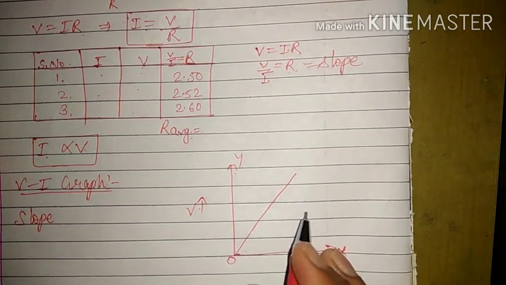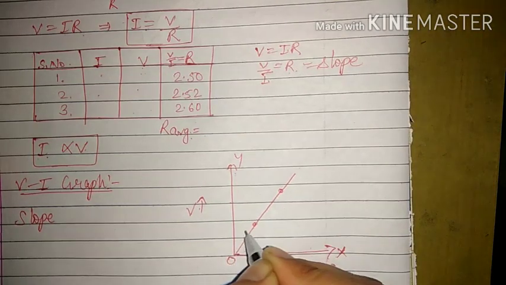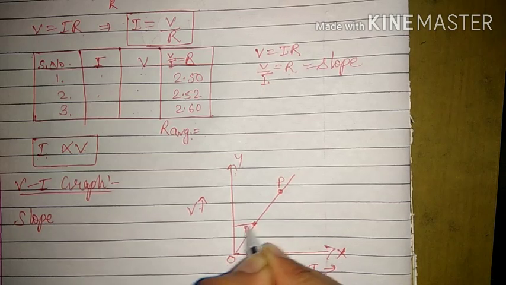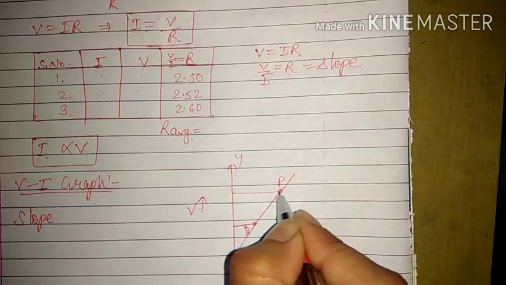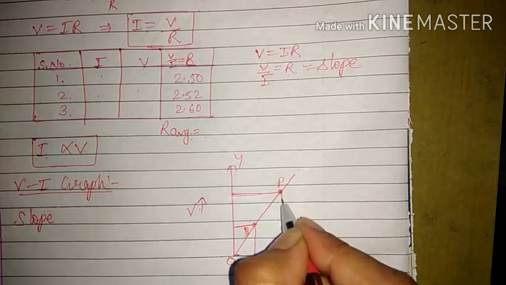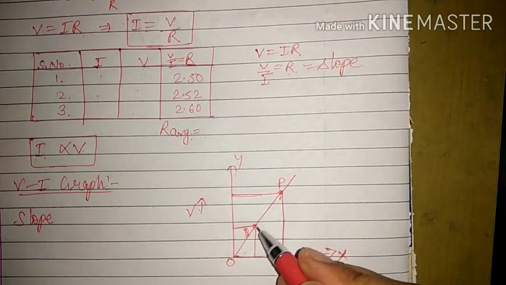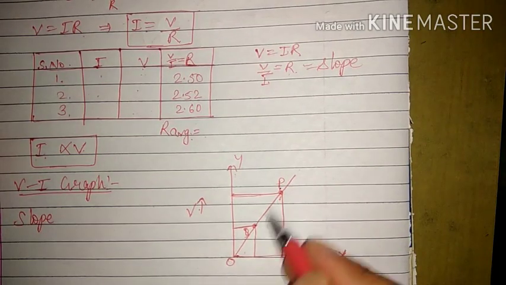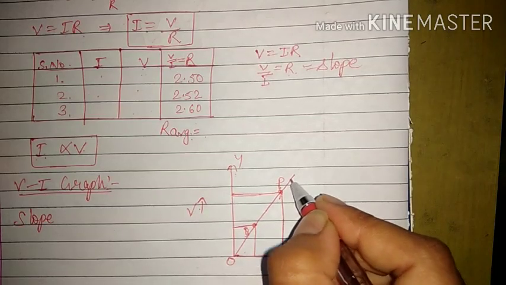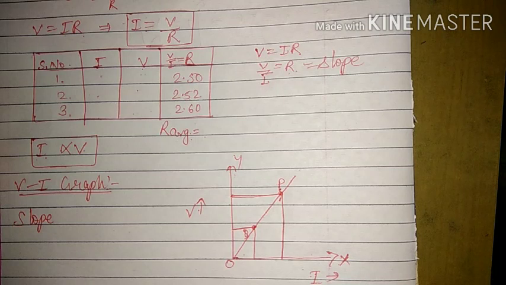We have seen that if we take any 2 points on this line and find the slope of these 2 points, that will be the slope of the entire line. If we take P and Q and calculate the slope, and if we take any other 2 points M and N and calculate the slope, both the slopes will be equal. That we learnt in class 9.